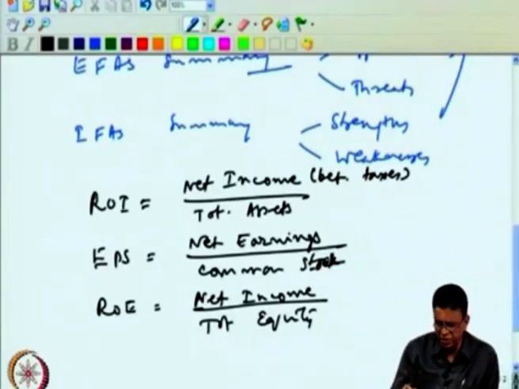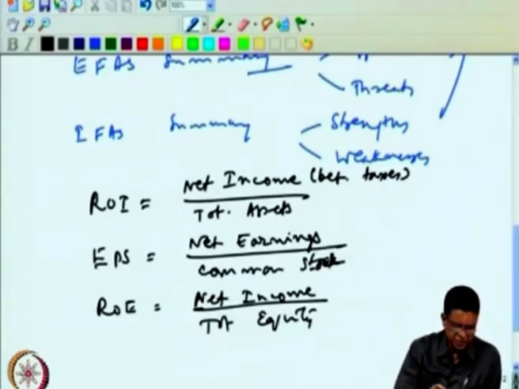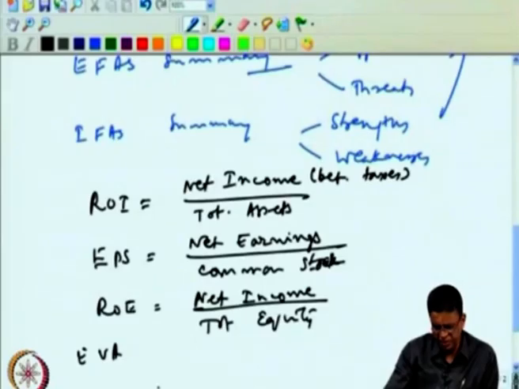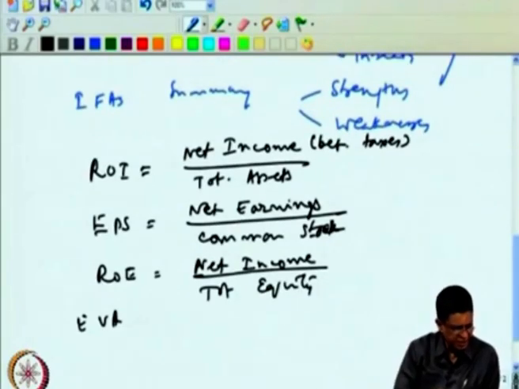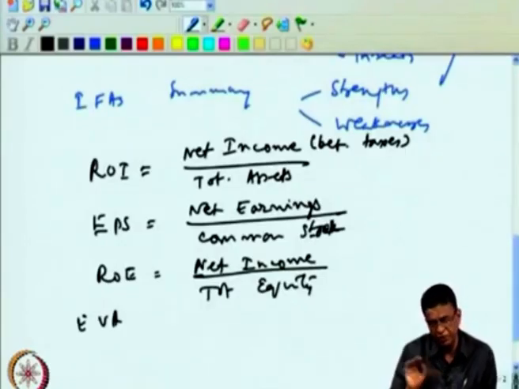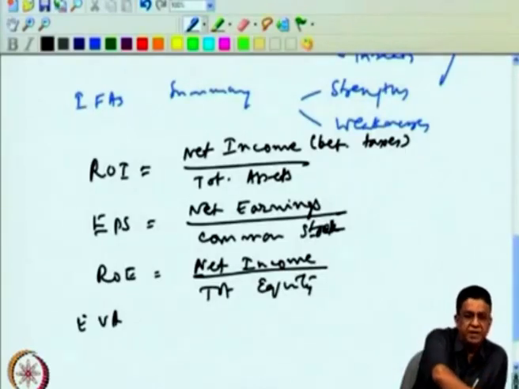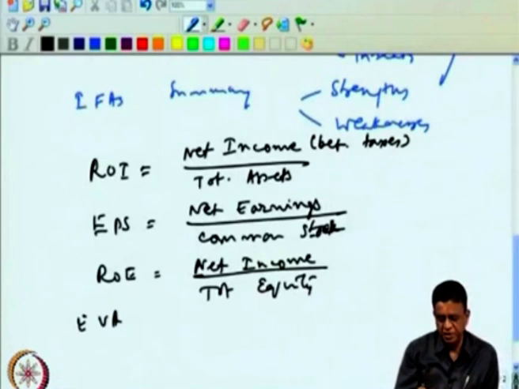There are two more indicators of performance. These are called the economic value added. The economic value added, it is the difference between pre-strategy and post-strategy value for business. We are looking at strategy, kindly note that.